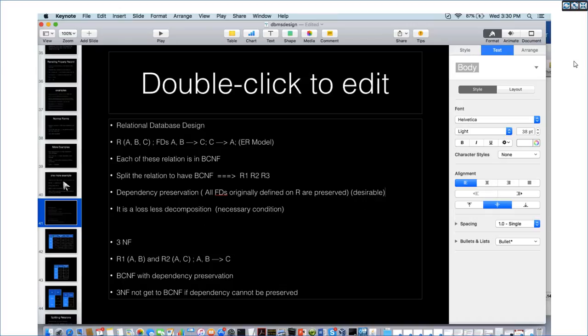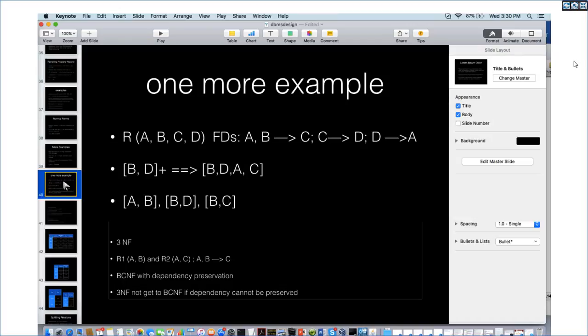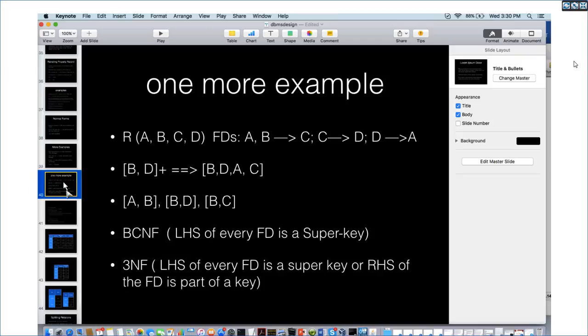This is the slide I'm going to come back to, because this is a slide where we suddenly know it is not in BCNF. We suddenly know it is in 2NF. The question is whether it is in 3NF or not. We are going to revisit this after we finish the FD closure.